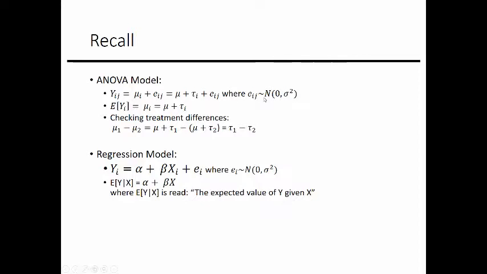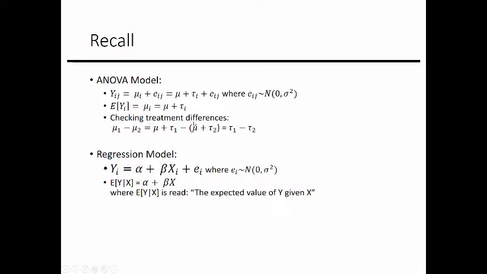And those e sub ij's are assumed to be distributed with a normal distribution with a mean of 0 and a variance of sigma squared, or a standard deviation of sigma. And that sigma is the same standard deviation regardless of what group you're in. So if I go across and I do the expected value of any y, it comes back to be the cell mean for whatever group it's in, or I could look at it as the global mean plus the effect.